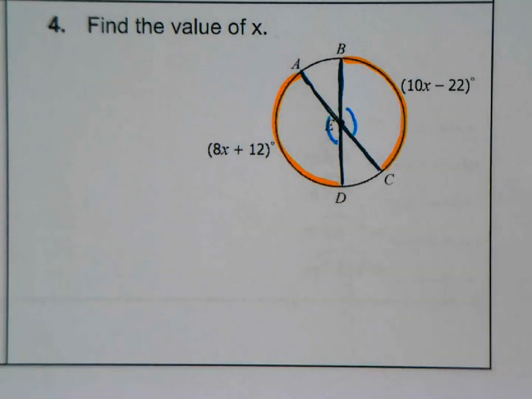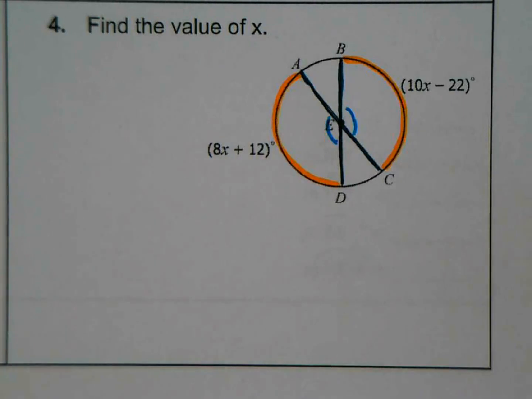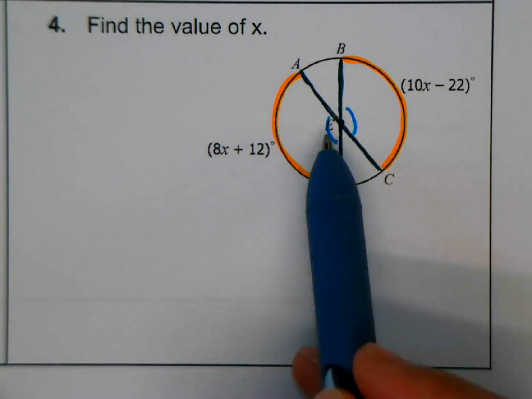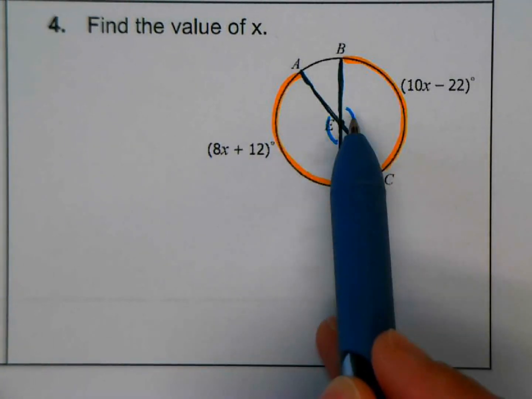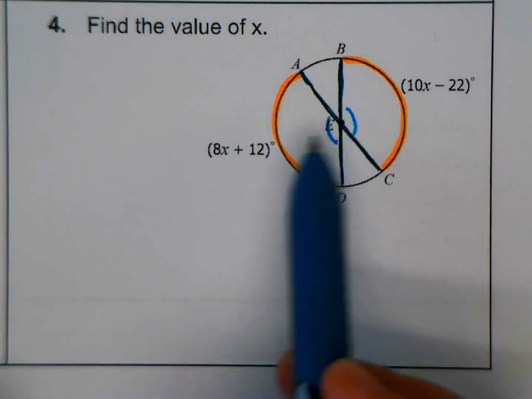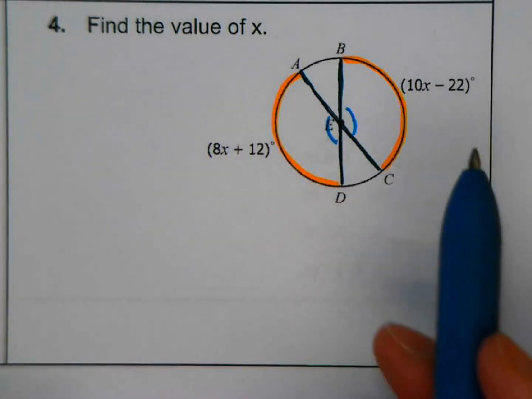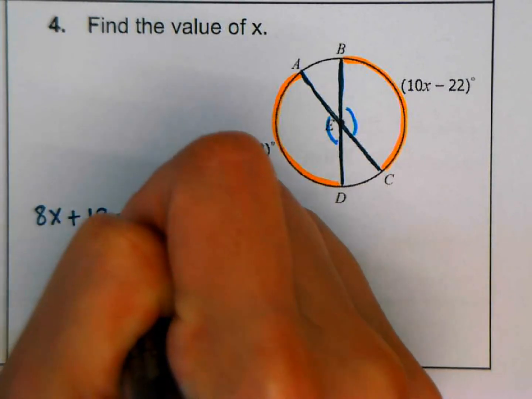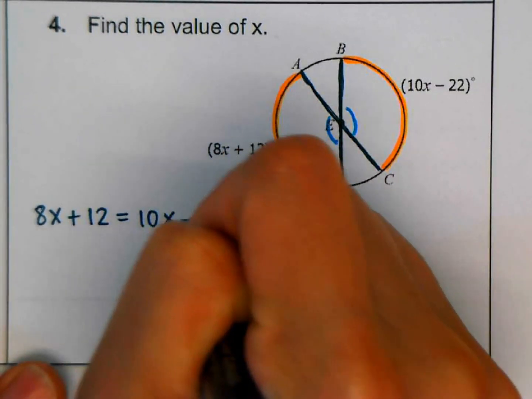They are going to be equal to each other because they belong to vertical angles. So if this was 60, that's 60. These two are essentially the same. So 8x plus 12 equals 10x minus 22. You just set them equal.